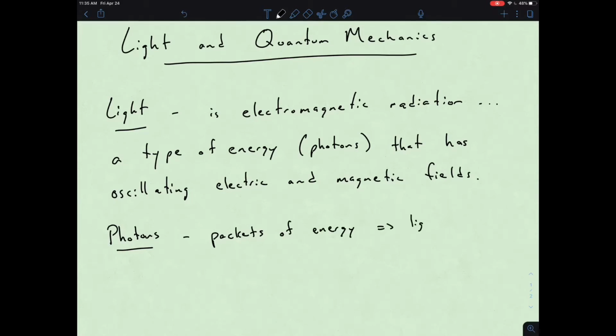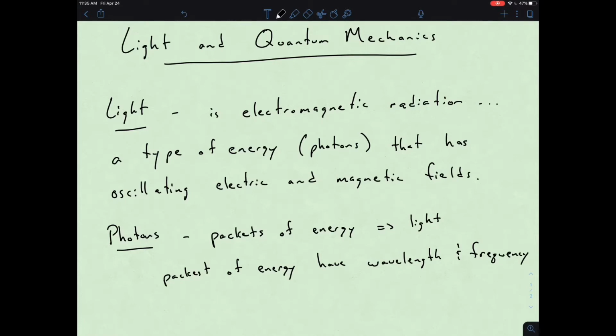Really, this is light, but packets of energy is fine because these packets of energy have the idea of wavelength and frequency.